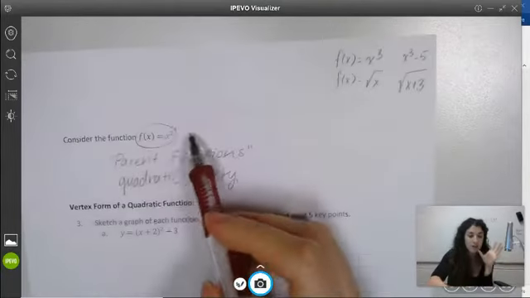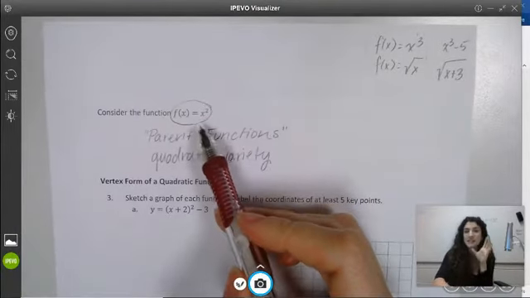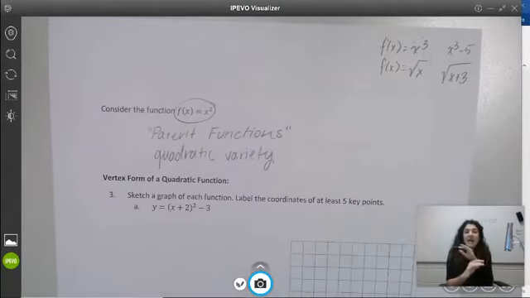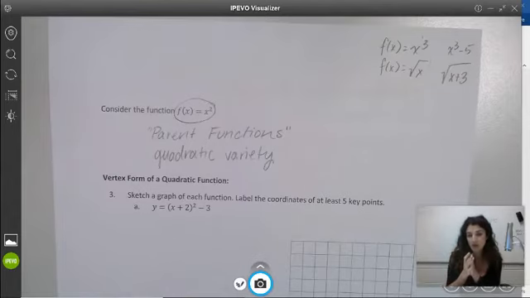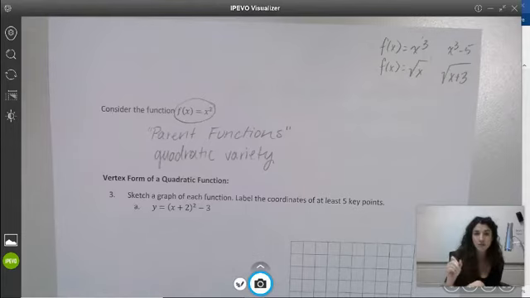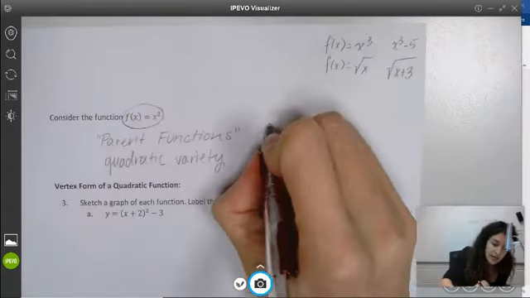And so the bare minimal version of a quadratic equation is just x squared. Anything else is a transformation from our parent function. All other quadratics are transformations from a parent function.